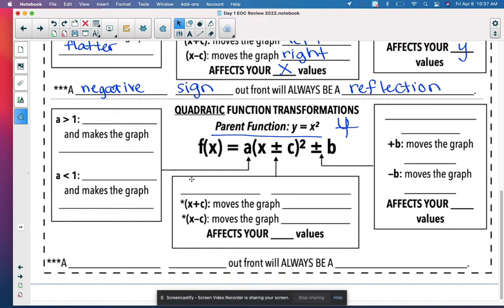So if a is bigger than 1, still going to be a vertical stretch, except our graph is going to get skinnier. If a is smaller than 1, it's still a vertical compression. And our graph gets wider.